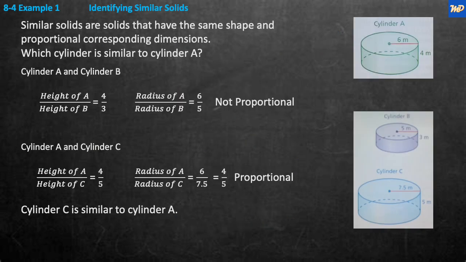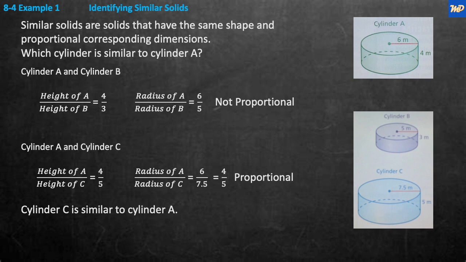So example 1, identifying similar solids. Similar solids are solids that have the same shape and proportional corresponding dimensions. Which cylinder is similar to cylinder A? We're going to compare cylinder A and cylinder B, and then cylinder A and cylinder C. Cylinder A has a 4-meter height and a 6-meter radius.